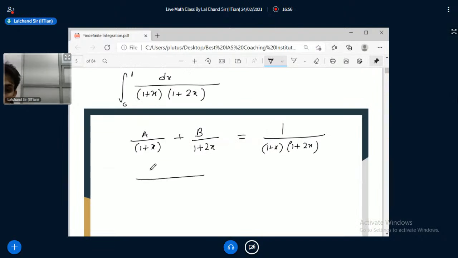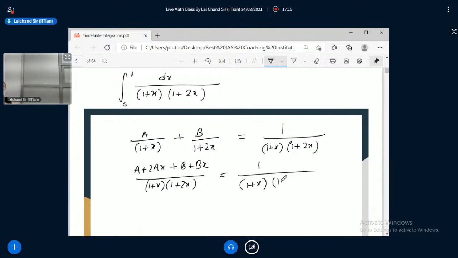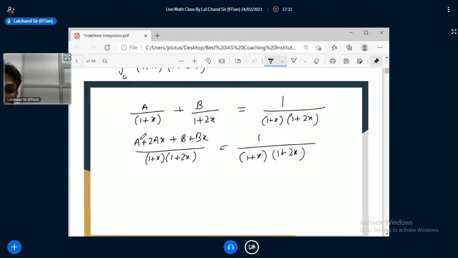Taking the LCM here, we have 1 plus x, 1 plus 2x, and this value will be A plus 2Ax plus B plus Bx. Okay, so here I have 1 plus x and 1 plus 2x. Comparing both sides, what is the constant term in this equation? So I have (2A plus B) into x, A plus B. Here 0 into x.